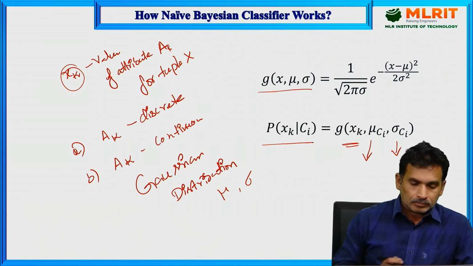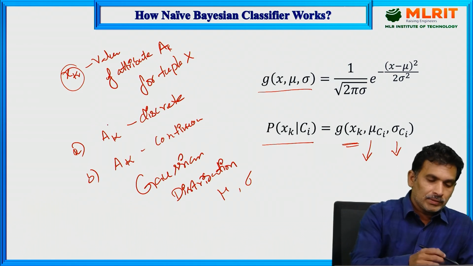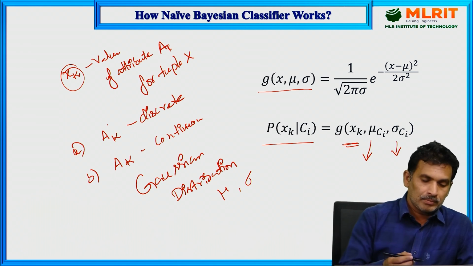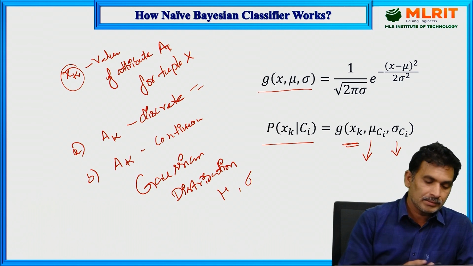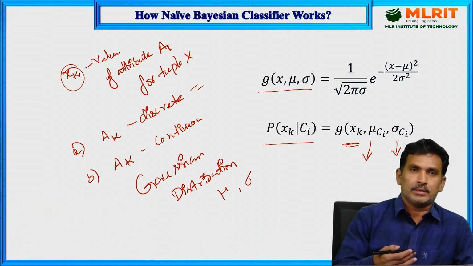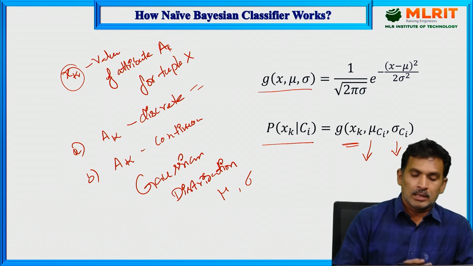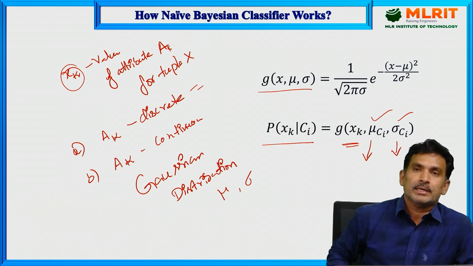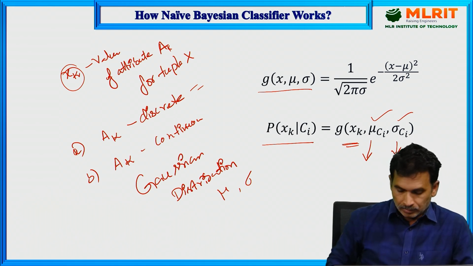Then the attribute value, if it is a discrete value, we calculate the frequencies, then we calculate the probabilities. And if it is continuous, the continuous data would follow the Gaussian distribution with a mean mu and a standard deviation sigma, from which we can derive it. So in this case we have to calculate the mean and the standard deviation for each value.